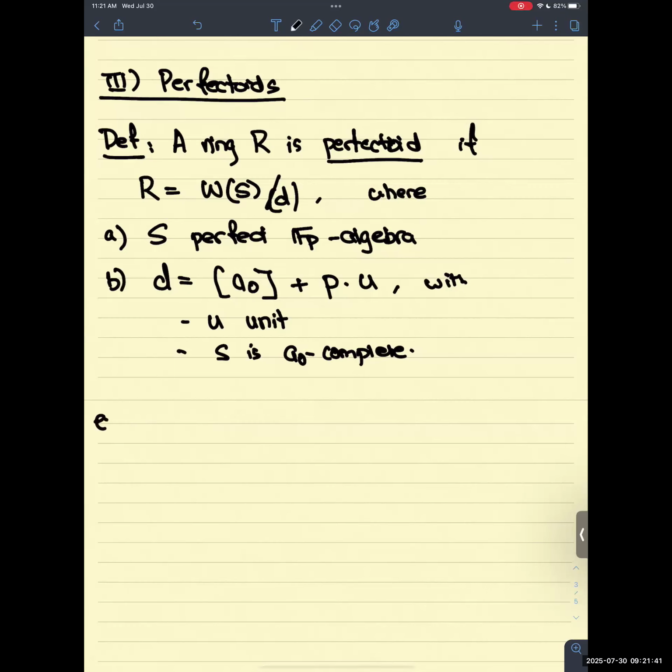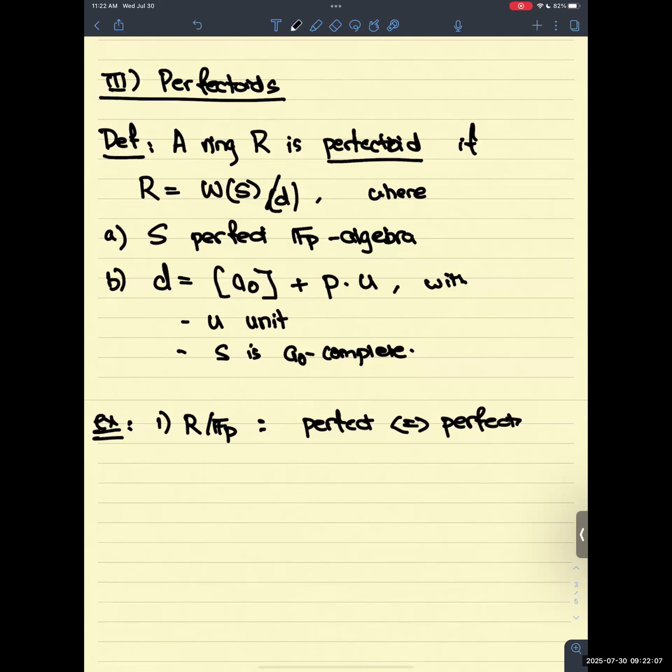So maybe the examples to keep in mind are the following. First, the theory of perfectoids is supposed to be a generalization in mixed characteristic of the theory of perfect F_p-algebras, and the following justifies why this is true. Let's say R is an F_p-algebra, then it's perfectoid if and only if it's perfect.